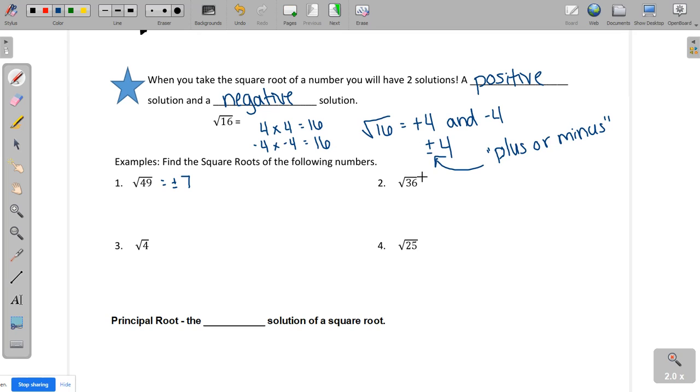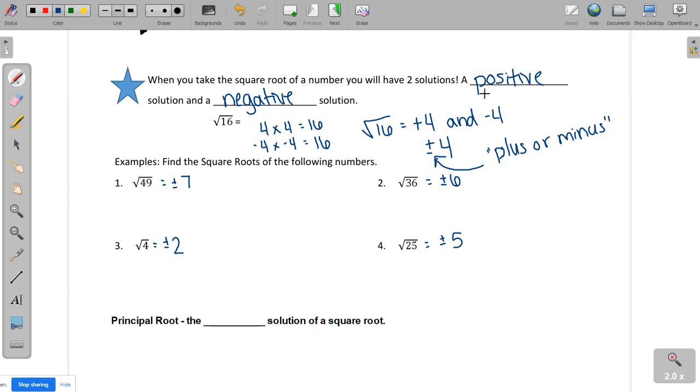Number 2, square root of 36 is plus or minus 6. 3, the square root of 4 is plus or minus 2. And lastly, number 4, the square root of 25 is plus or minus 5.